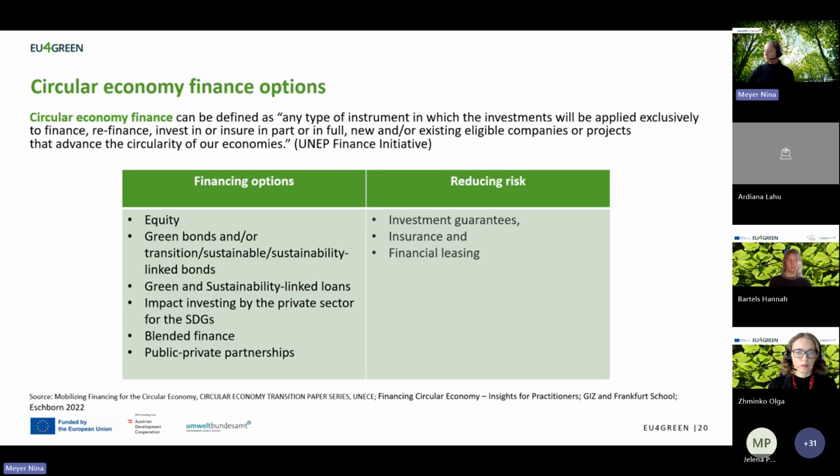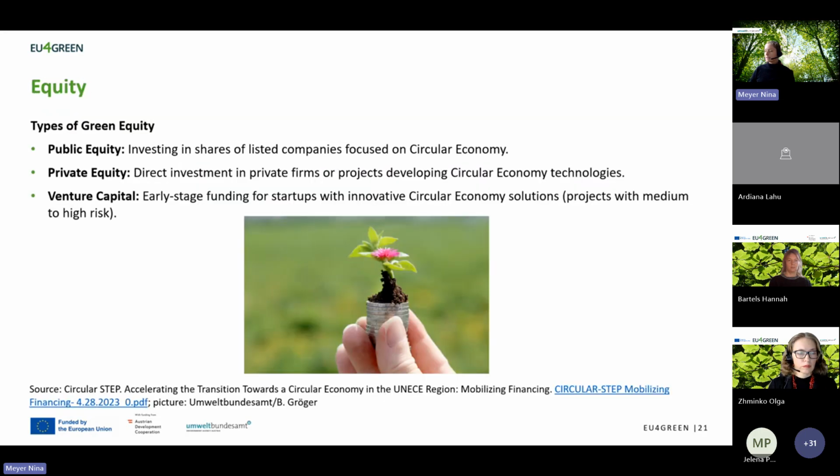Okay, then we go to the next slides, where I'm going to talk quickly about equity. Equity is a form of ownership. Equity comes with a claim on profits or losses of the project and or company.